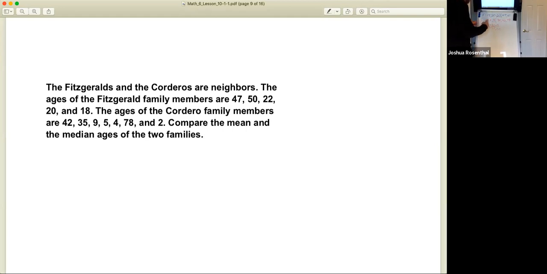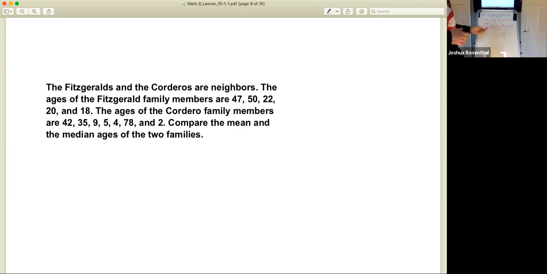I can put mean for Fitzgerald. Mean for Cordero. Let's see. 6, 11, 20, 55, 97, 175. 175 divided by 7, oh, it's 25.